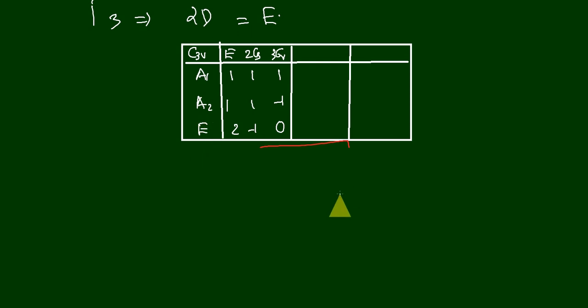So these are the Mulliken symbols for the three character sets. Now we have an updated character table with area 1 and area 2 filled, right?